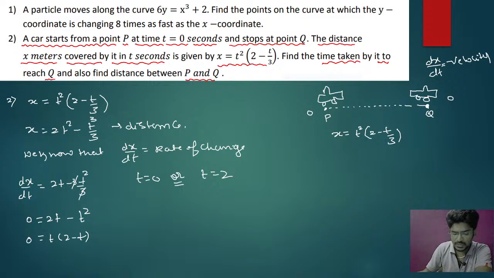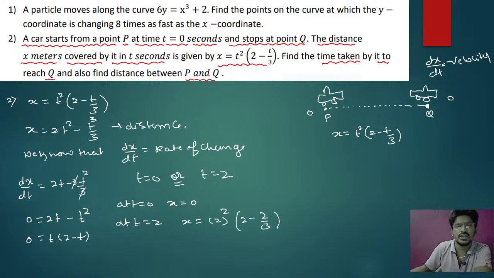Clear? Okay. So now from this you can just see, if t equal to 0, you are going to get what is x. At t equal to 0, that is initial position, x will be 0, no problem. At t equal to 2, you can just see x will be equal to 2 square into 2 minus 2 by 3.